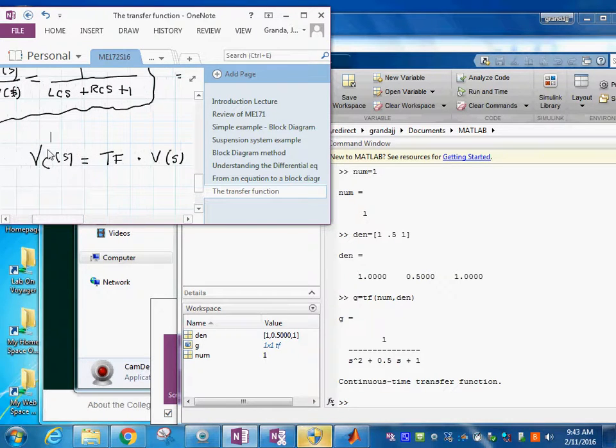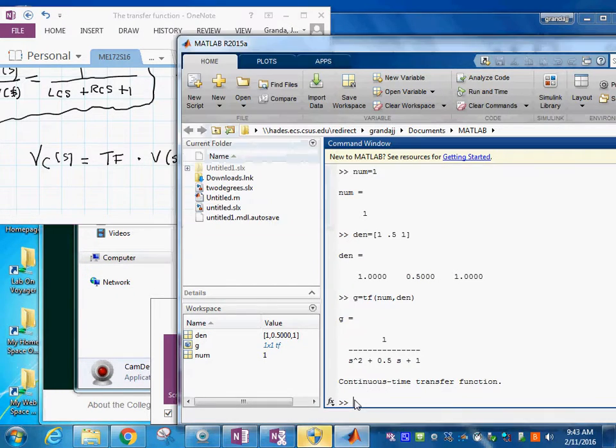So here we say step, and give the name of the transfer function.